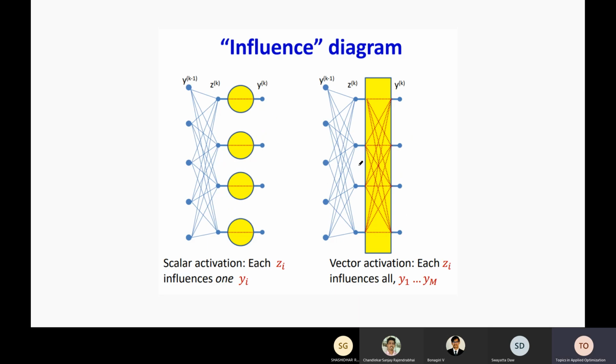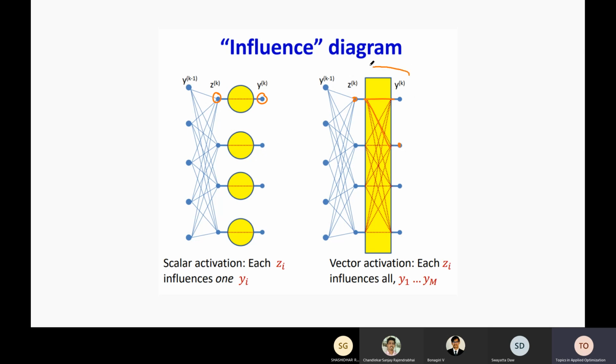For instance, here, if you take a linear combination, it affects only one yk, but if we do a vector activation, then one zk is influencing multiple outputs. So there are dependencies like this, and so on.